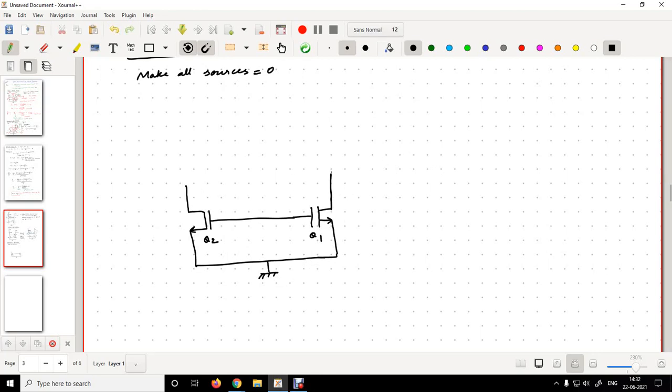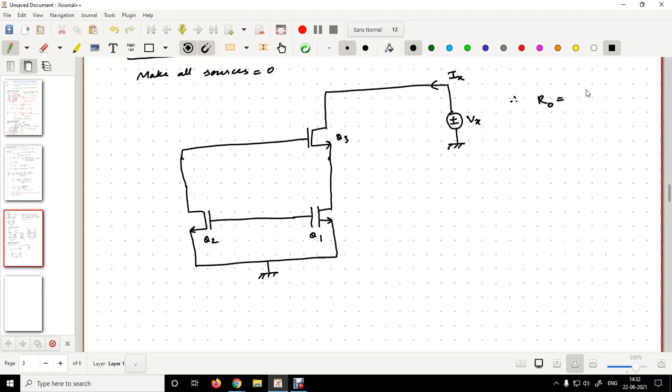This goes to another transistor. The drain of Q2 is directly connected to the gate of Q3. So this is Q3. Same thing as we did last time, I'll connect a voltage source here, which I will call Vx, and the current I will call Ix. Therefore, R out, R naught which I measure, is Vx by Ix.